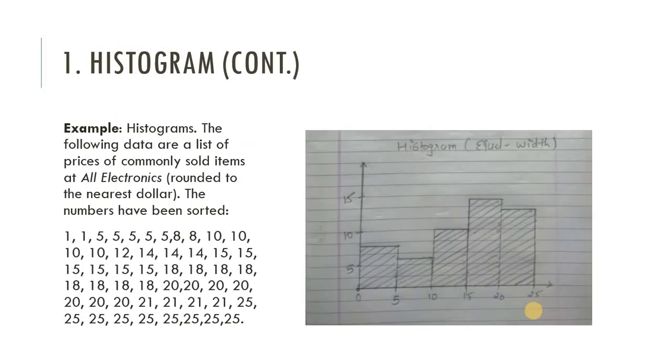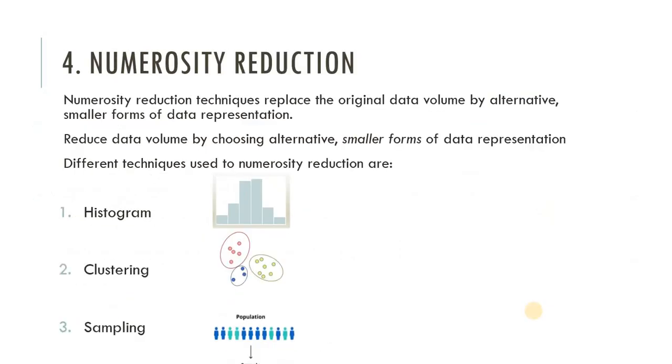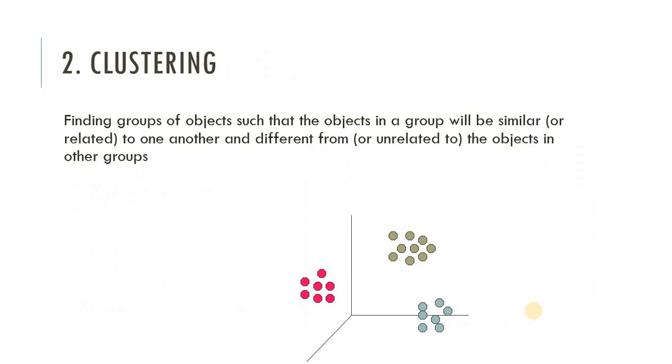The second technique for numerosity reduction is clustering. You all know what clustering is, so I'm just giving you an overview. Finding a group of objects such that objects in a group will be similar or related to one another and different from or unrelated to the objects in other groups. So these are the data points.